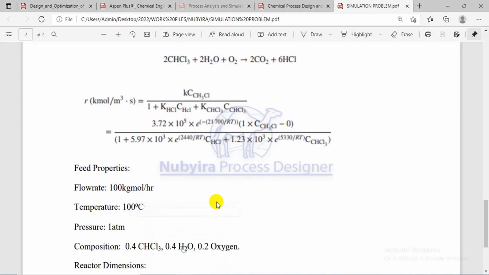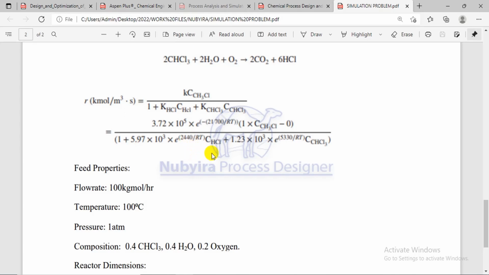Okay, now in this case, our activation energy would be minus, right? We'll be inputting it as minus because it is positive right here. Normally you have K is equal to A e raised to power minus EA over RT, right? So you have minus EA is equal to this value, so minus EA is equal to 2440.